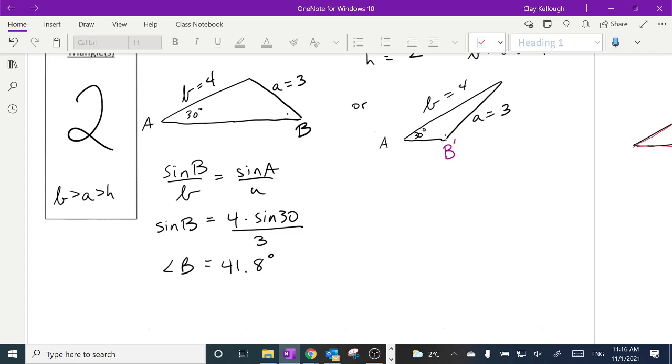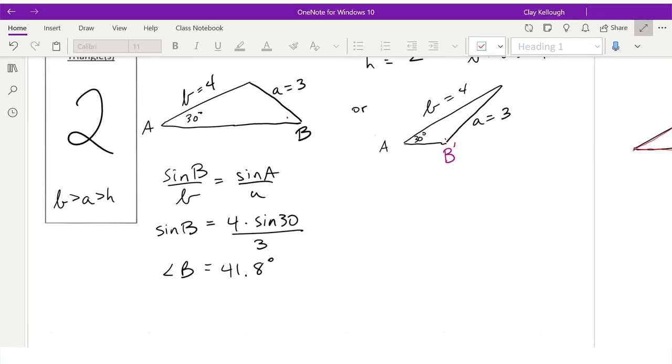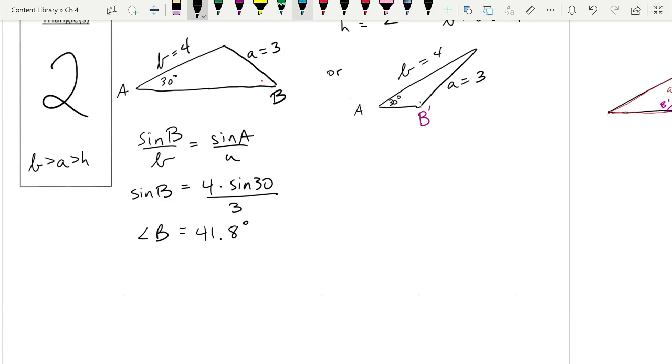But let's do the same things we did on the original picture. We figured out angle B is 41.8. I'll use that purple again for the ones that I had to figure out. 41.8 degrees. And then that means that angle C, which is up here, 180 trick.